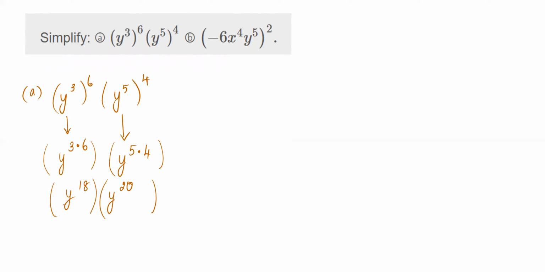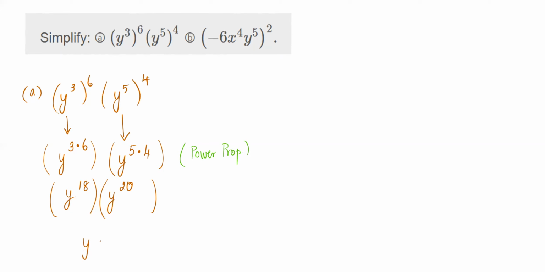So now you have y power 18 times y power 20. Just before that, let me quickly say here that we used the power property. Y power 18 times y power 20, I have two like bases. The bases are alike with different powers. So we have to resort to the product property, which says you have to add the powers. Right?